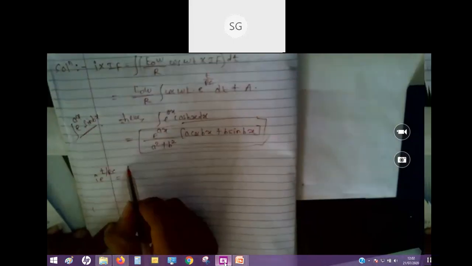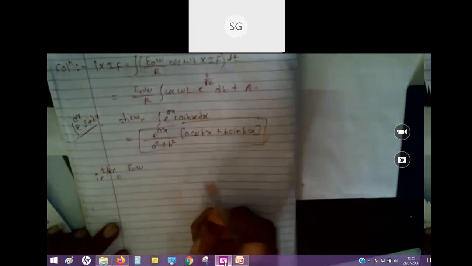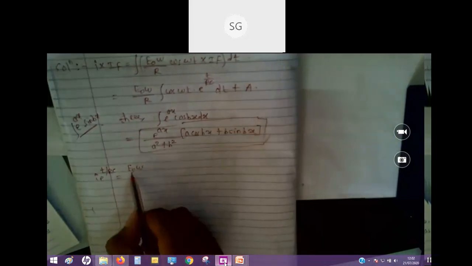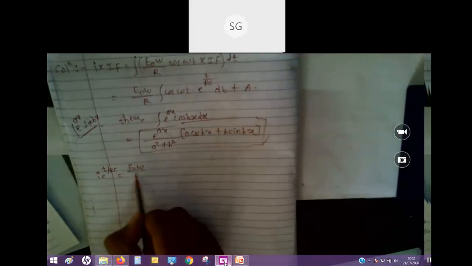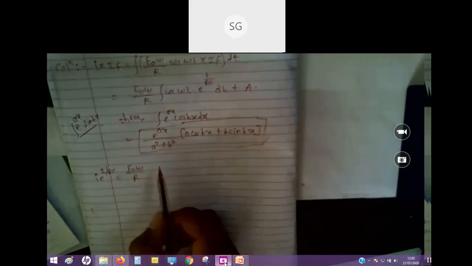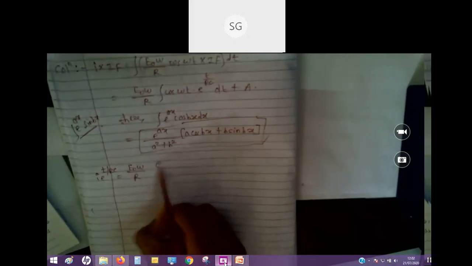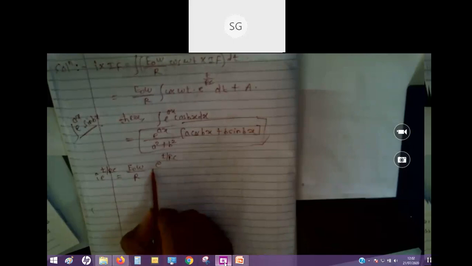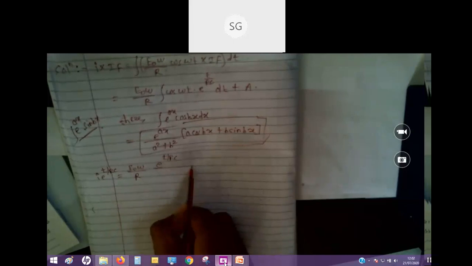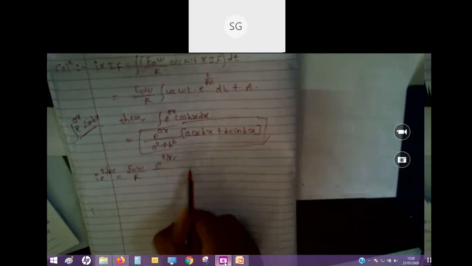E naught omega upon r is the constant part, that will be as it is. E raised to ax, where a is t by rc, so e raised to t upon rc, upon a square plus b square.